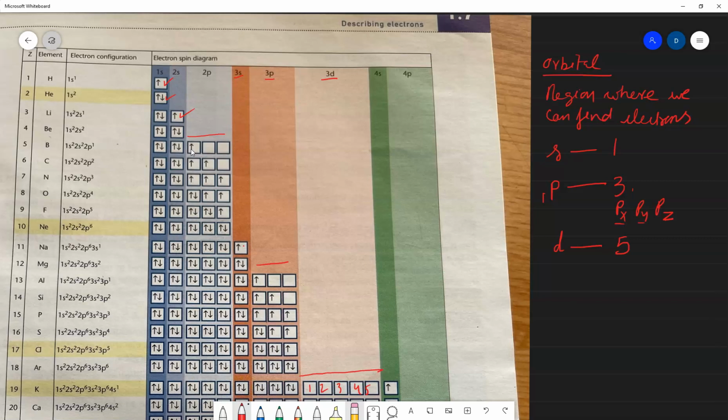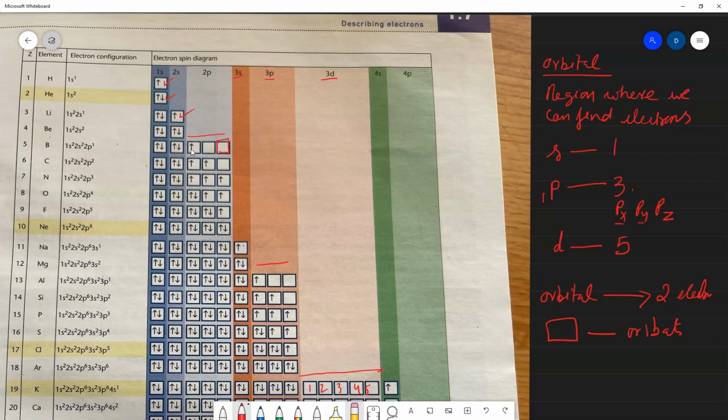We also know that in an orbital there can be a maximum of 2 electrons. So this box you see here means an orbital. It is just one orbital.